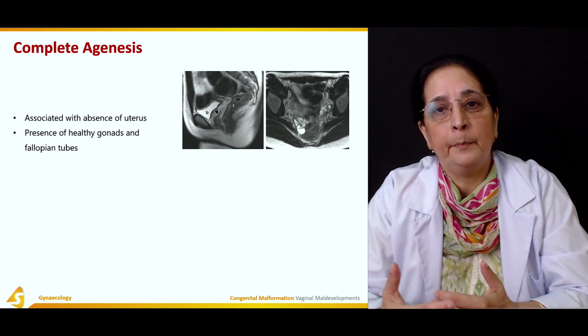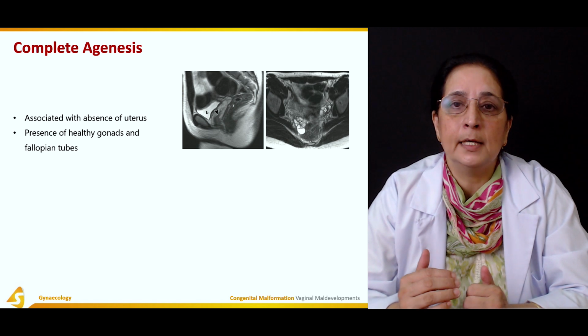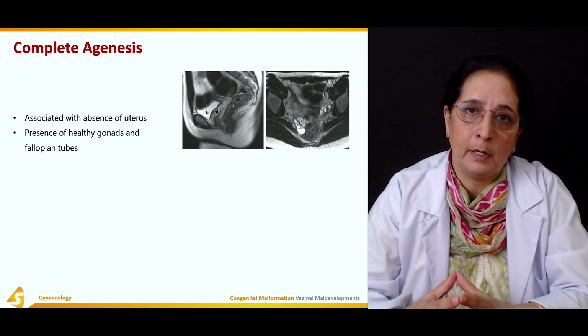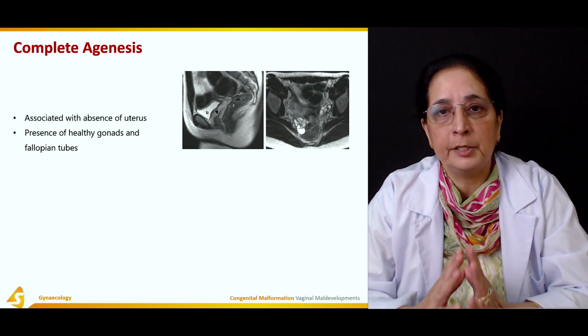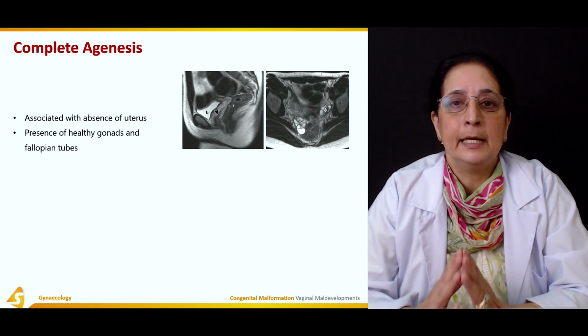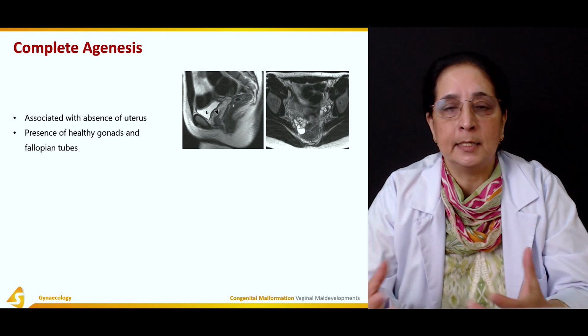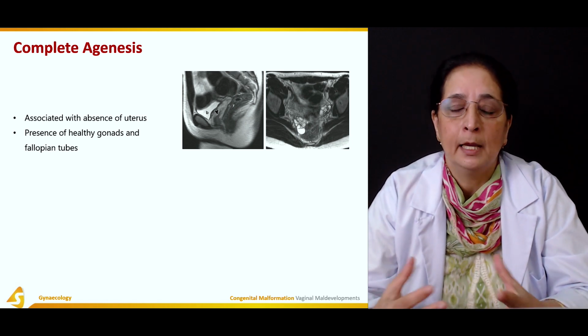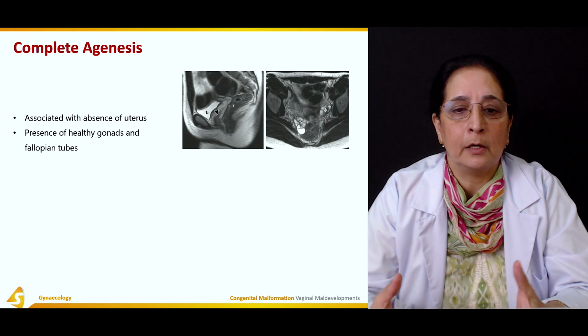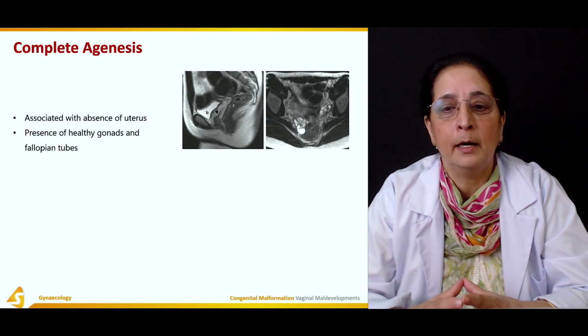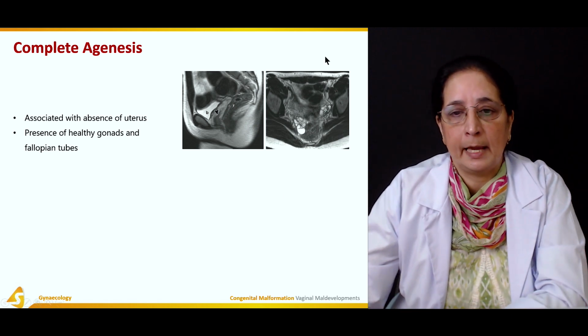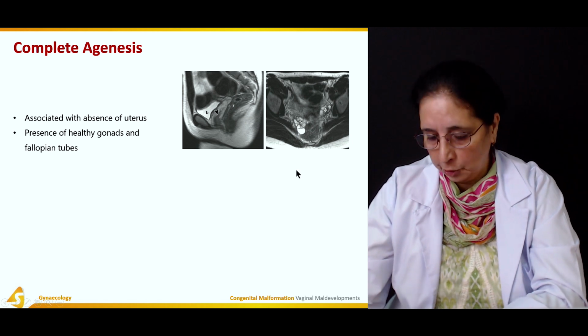As we saw in the partial agenesis, the uterus is normal or maybe malformed, but the uterus is present. But in complete agenesis, the uterus is absent, but gonads and fallopian tubes are present. In females, the gonads are the ovaries, so ovaries are present. So there is absence of the uterus.